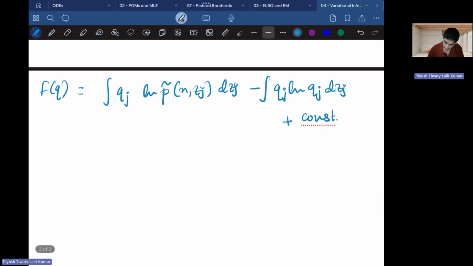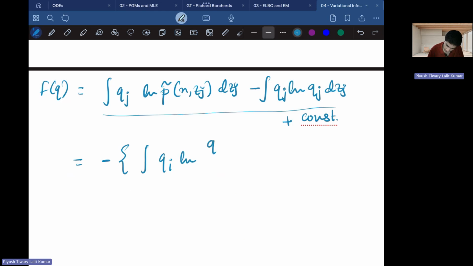Now, let's see what this thing is. If you take out the negative sign from these two terms, this thing is integral q_j ln of q_j over p tilde of x comma z_j dz_j plus some constant.